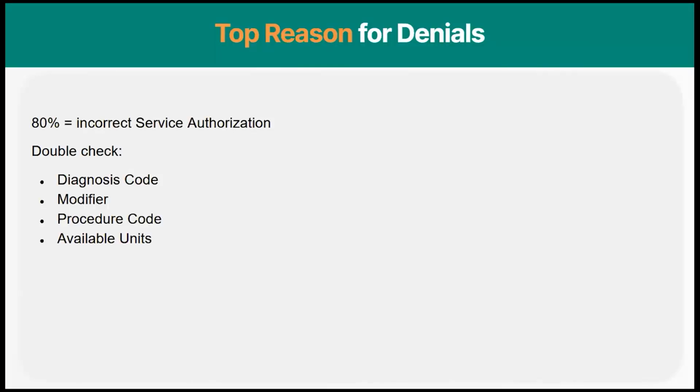For the top reason for denial, one of the biggest reasons for denied claims is incorrect service authorization information. In fact, around 80% of denials are related to authorization issues.